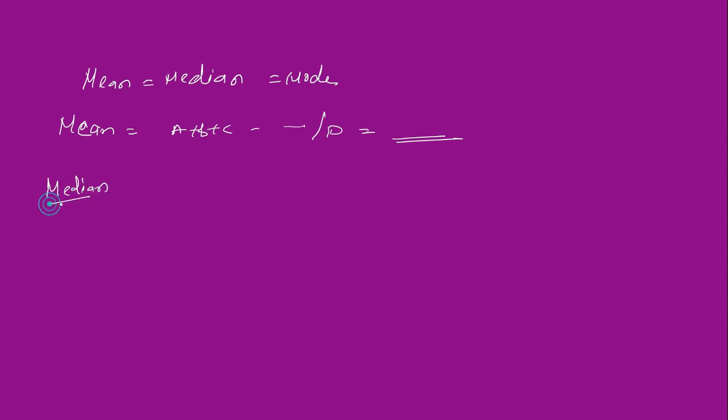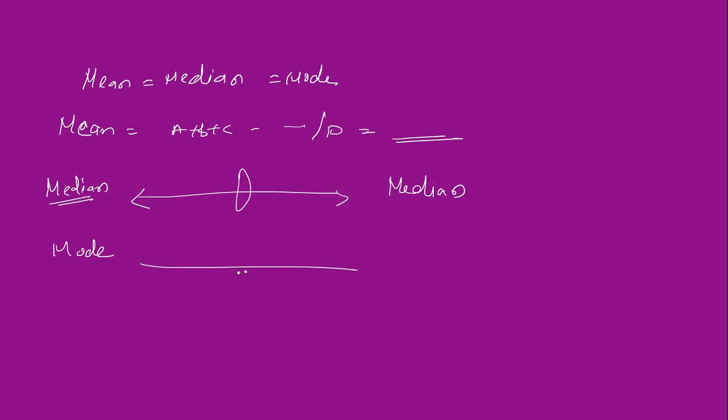Median is the centermost number. For that, you put all the 10 numbers in ascending order and pick the middle one. That becomes your median. And for mode, in a row, if a particular number is occurring again and again, that becomes your mode.